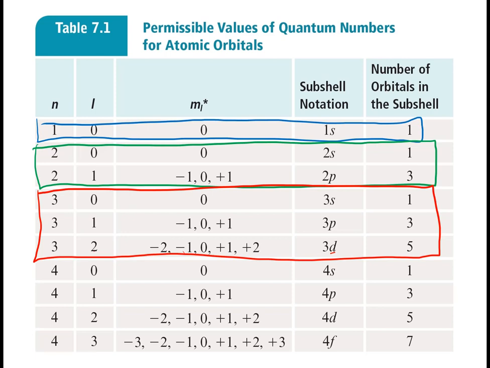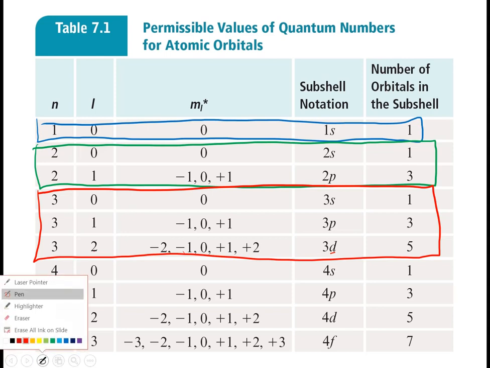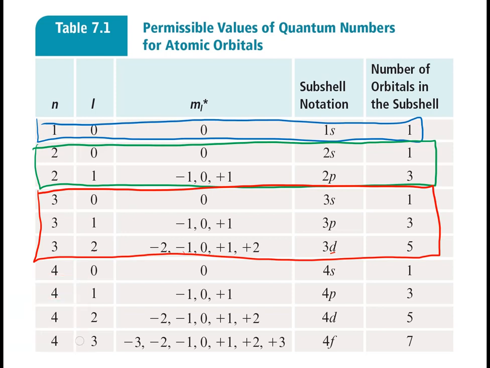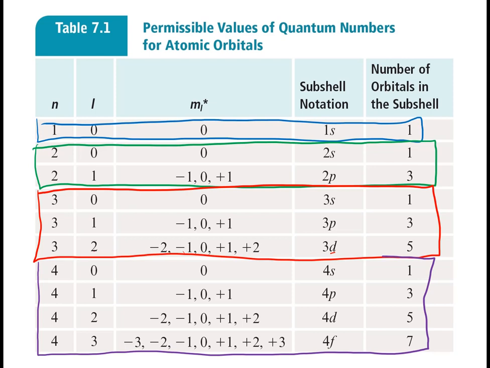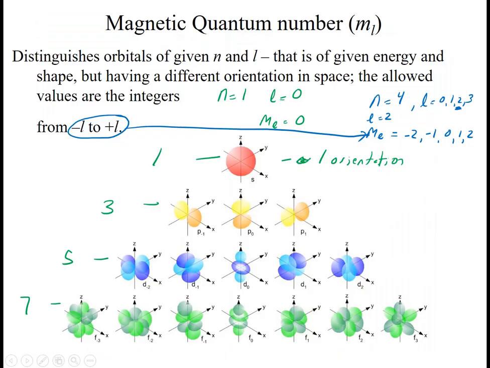And the last one, which I don't have good color for, I guess we'll go purple. When n is equal to 4, and they do have larger n's, but we run out of L values, real L values. So you have the L values that could still be 0, 1, 2, 3. That's what I had over here. My n was equal to 4, and I had the 4 possible L values. I chose L is equal to 2 and came up with those M sub L values.